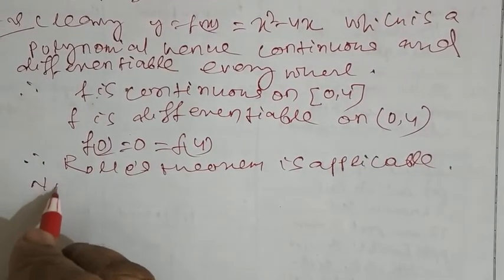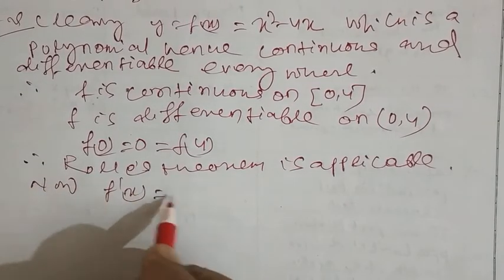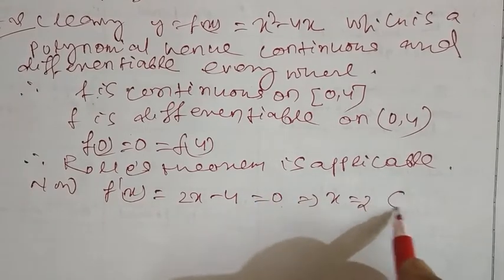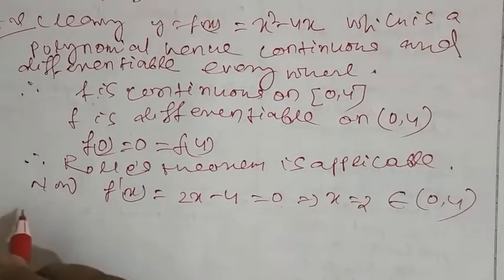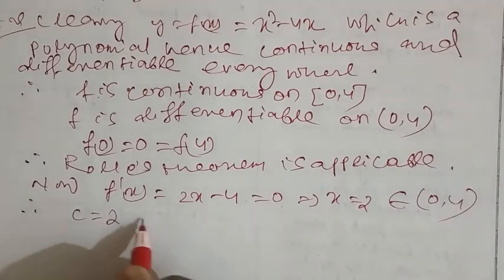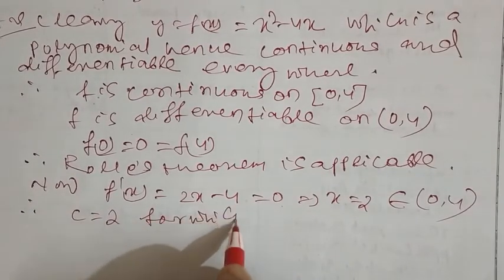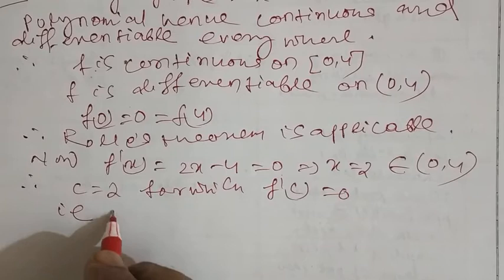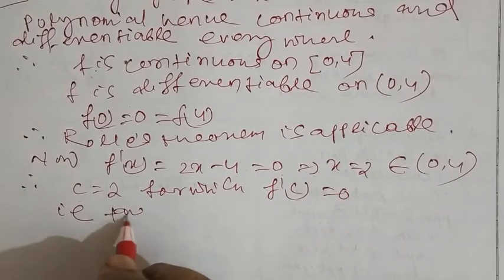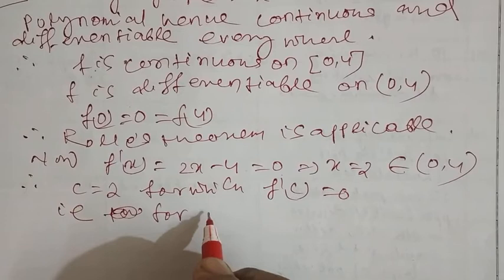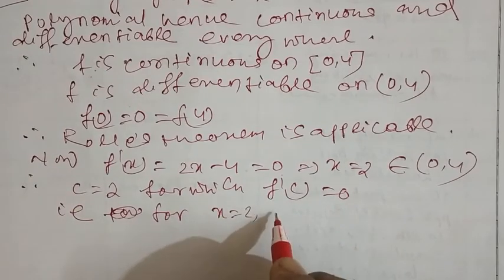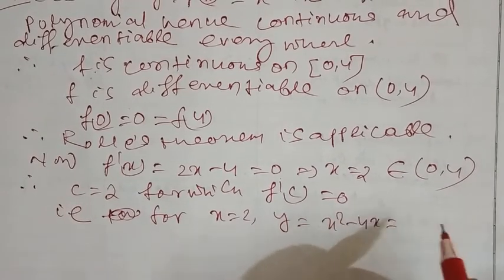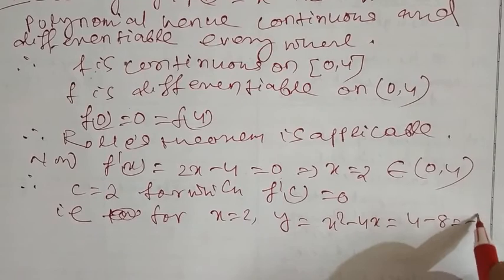Now, f dash x is 2x minus 4. That is 0 gives me x equal to 2, that belongs to 0 to 4. Therefore, c equal to 2, for which f dash c equal to 0. That is, for x equal to 2 and y equal to x square minus 4x, what is this? 4 minus 8, minus 4.